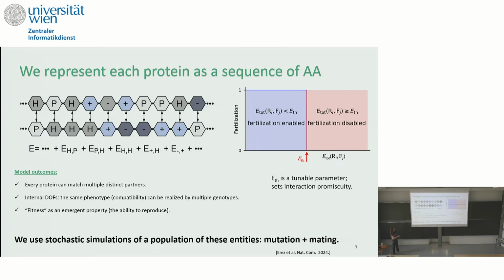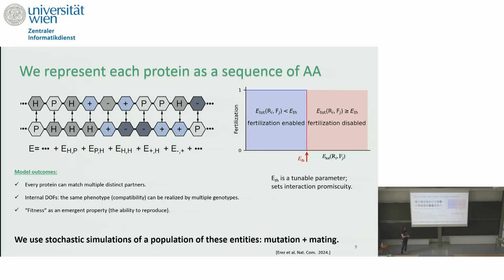If the total interaction energy between these two proteins is below some threshold energy that we set in the model, then these proteins are considered matching, and that means that fertilization between the S haplotype carrying the male protein and the S haplotype carrying the female protein is possible. If the energy is above E threshold, then they are not matching and fertilization is not possible. By the way, importantly, every S haplotype serves in both roles, male and female, depending on the context.